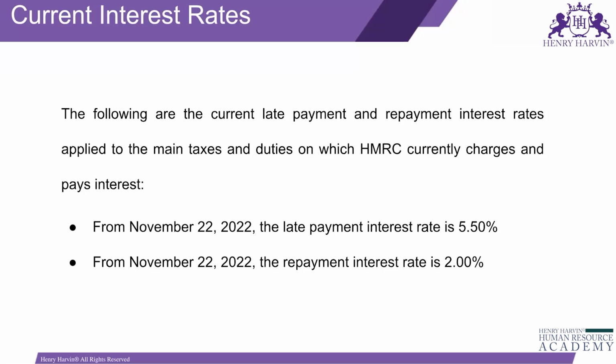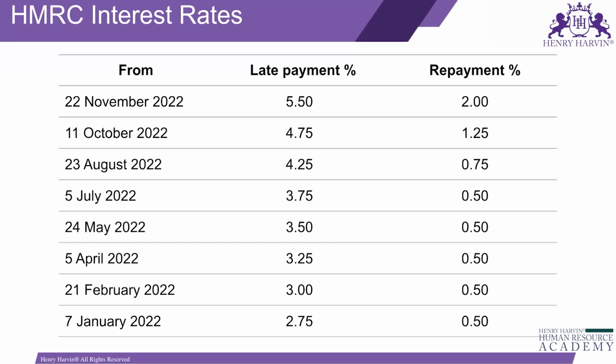This is revised. So if you see the trend from January, it got changed in November from 2.75% to 5.50%, which is the late payment, and repayment has been changed from 0.5% to 2%. You see, both are increased.